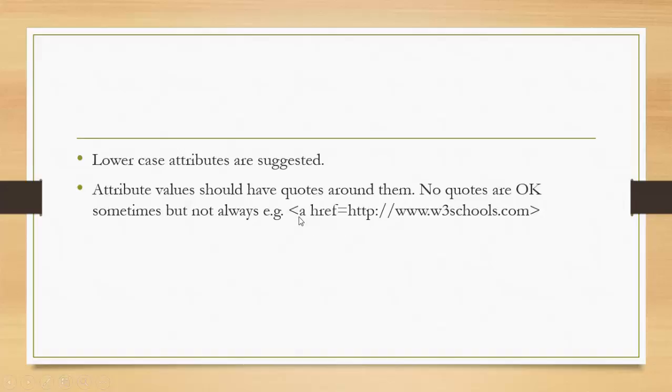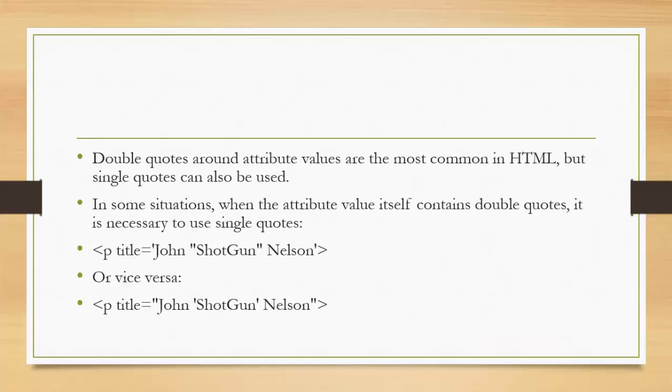For example, in the anchor tag, the href attribute can be used with the value with no quotes. So it's possible sometimes, but I will recommend that you always use quotes with the attribute values. Double quotes are mostly used, but single quotes can also be used. But in most situations, double quotes are always used, right?